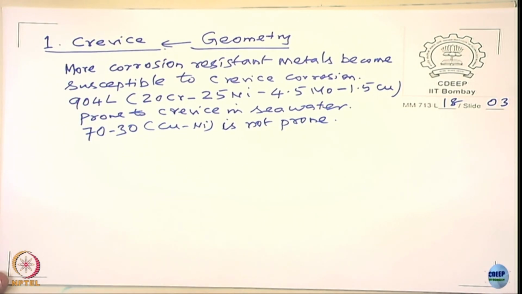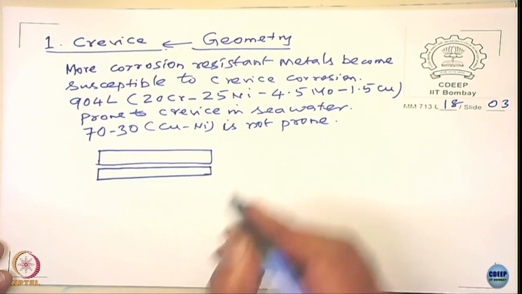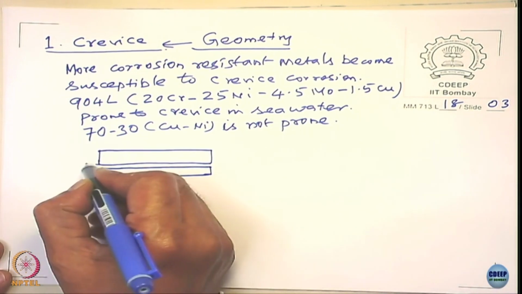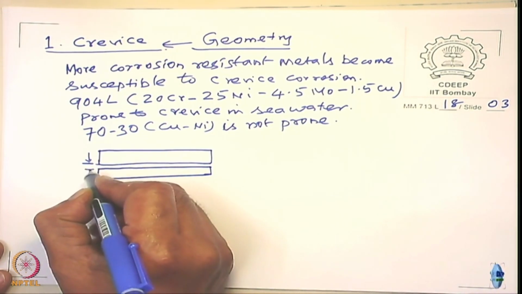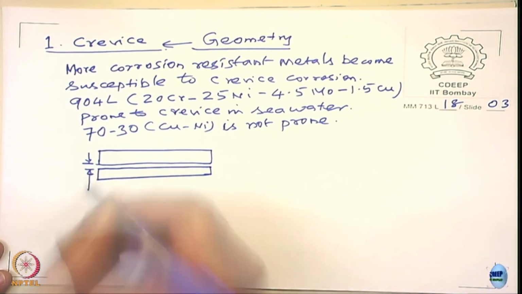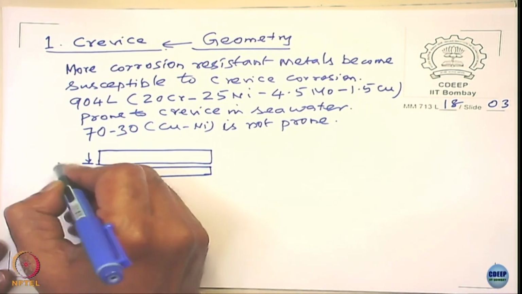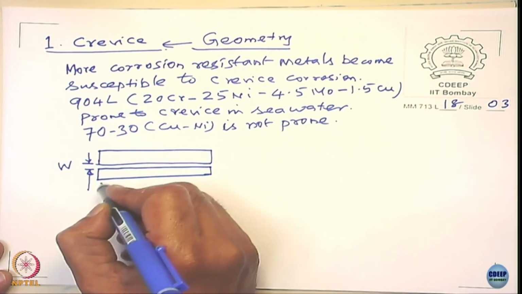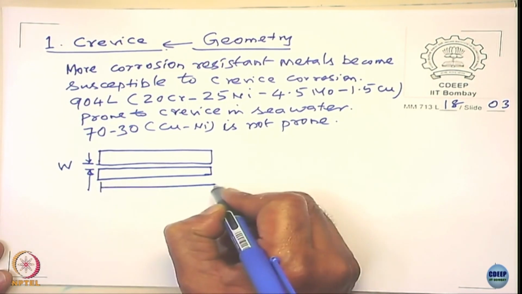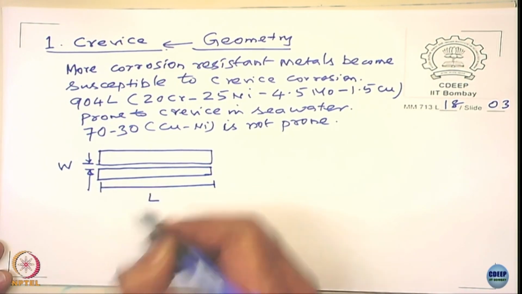Now let's take a crevice and see what kind of dimensions will affect the crevice corrosion. One dimension is the crevice width, and this is the crevice length.